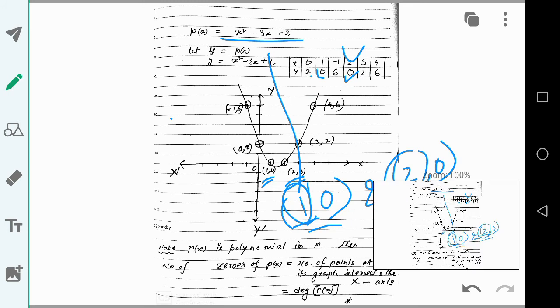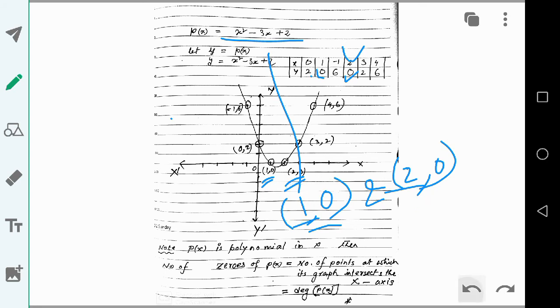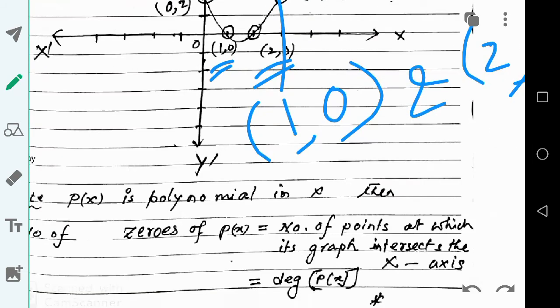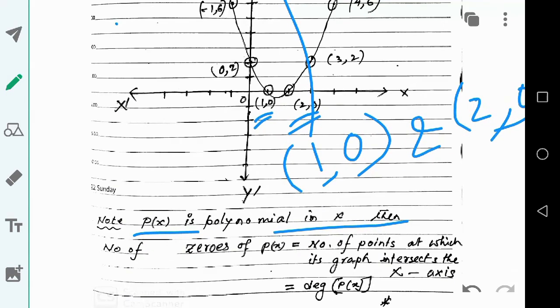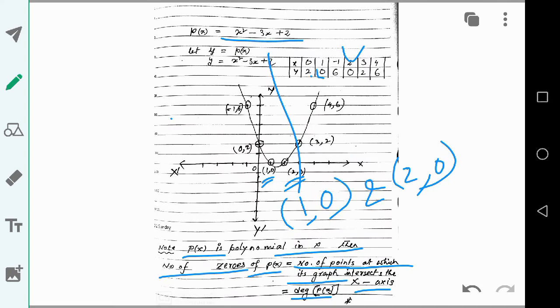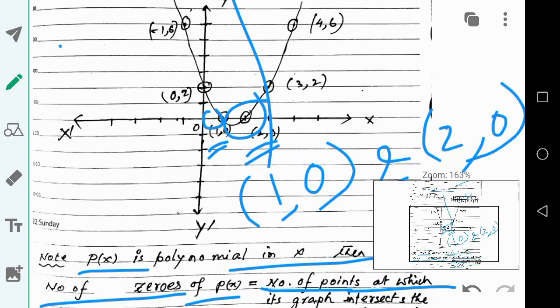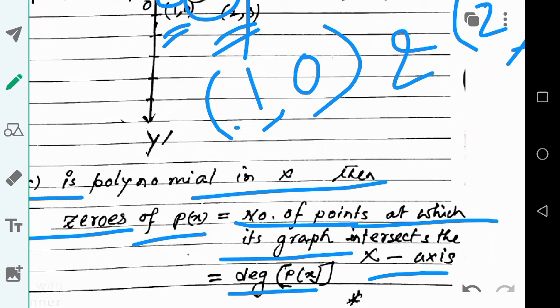From here we can conclude that if p(x) is a polynomial in x, then the number of zeros of p(x) is equal to the number of points at which its graph intersects the x-axis, and also equal to the degree of this polynomial. So it is a quadratic polynomial, that means its degree is 2, and it is intersecting the x-axis at 2 different points, and also the number of zeros is 2. There are two zeros, one is 1, another is 2.